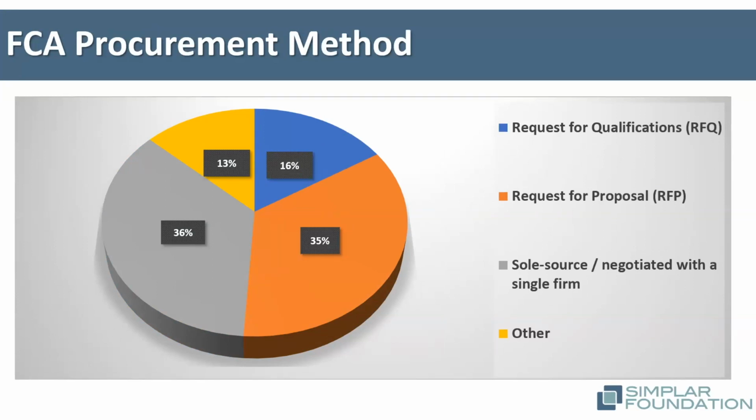And the reason why they do the sole source is because they basically go to that same organization that did the FCA 5 years ago or 10 years ago, and they refresh the asset inventory and take another run through the building and then just basically refresh the report. So that's what contributes to that sole source / negotiated with a single firm. It's kind of a multi-year partnership that happens, and they really kind of tie into a master planning perspective more than anything, rather than just a one-time only facility condition assessment.